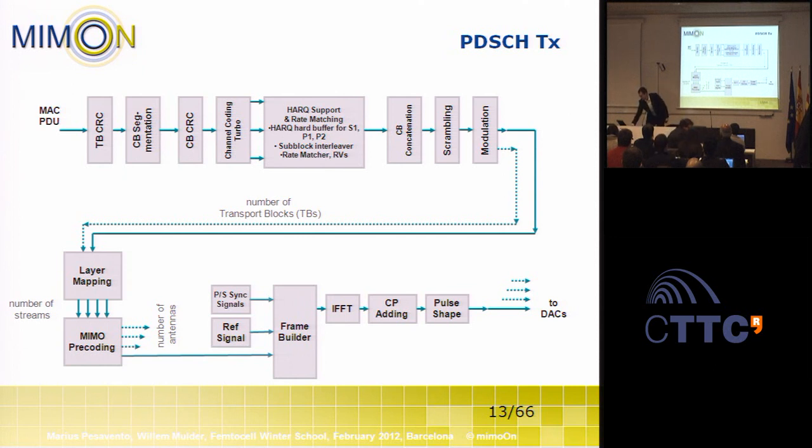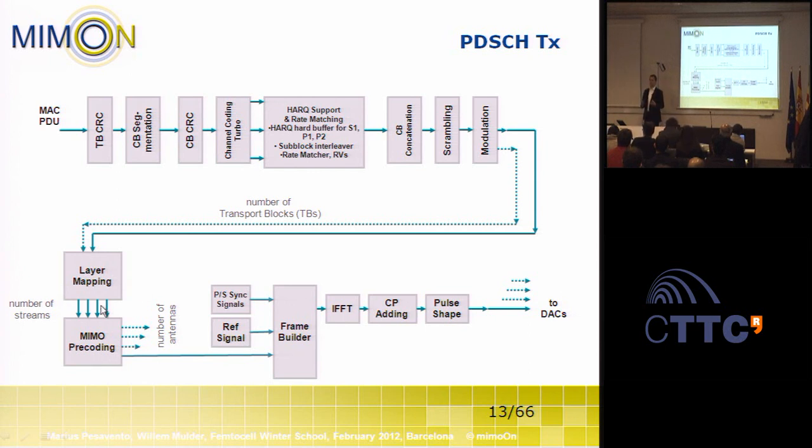This is achieved in the layer mapper, where these 2 code blocks are further multiplexed into 4 streams. These streams in LTE are called layers. So we now have 4 layers arriving at the MIMO processor.